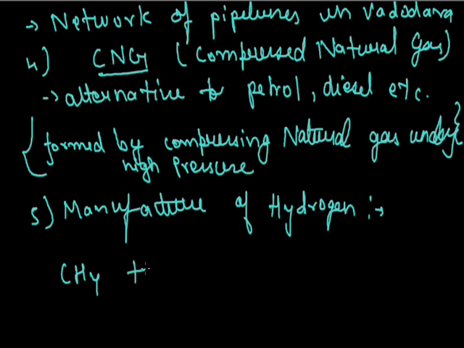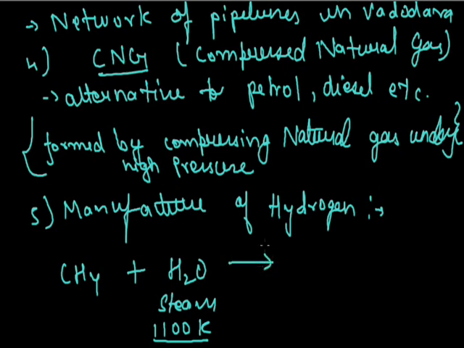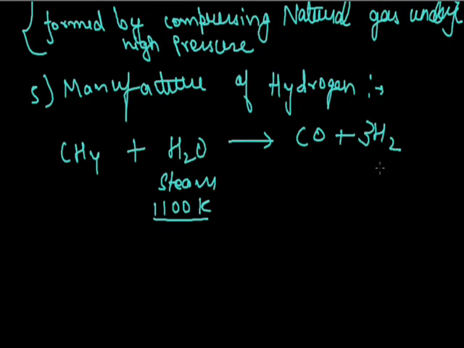Methane, the main constituent, is heated with water, not just water, but steam at about 1100 Kelvin. When steam reacts with methane, it forms carbon monoxide and hydrogen. So this hydrogen is synthesized here. We can use it for further synthesis of fertilizers.